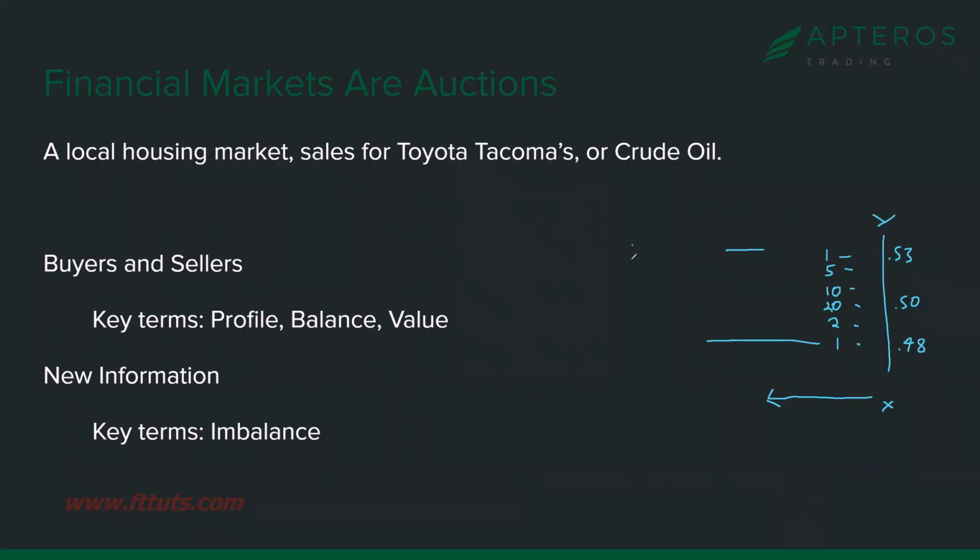And then the x-axis, as we said, it's going to be how much was traded at each of those prices. So we might have a little bitty block of 1 right here. We might have our block of 5 right here. We might have our block of 10 right here. We might have our 20, just going by the data we have right here, 2 and 1. And so there's your profile. And that's what it's going to look like.